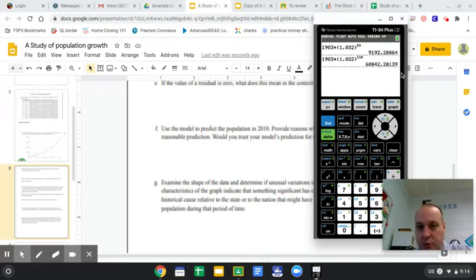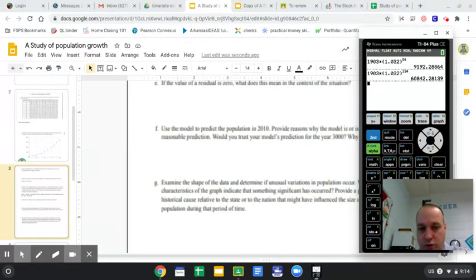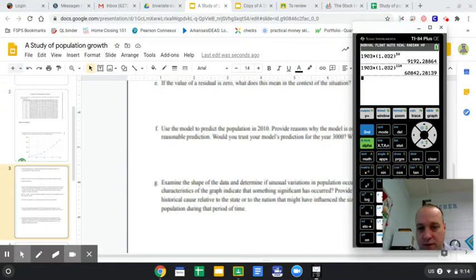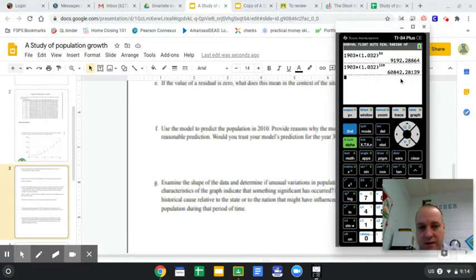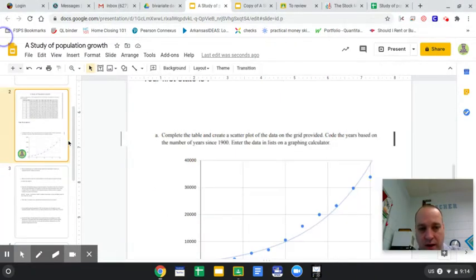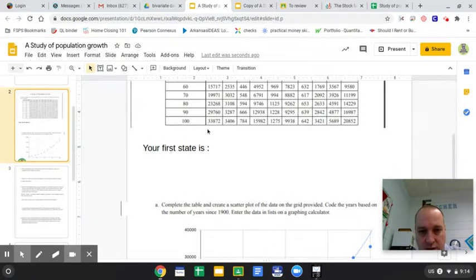So I get 60,842. Now the next one, it says, would you trust the model's prediction for the year 3000? So first off, this is 60,842, and in the year 2000, I had 33,000. So it doubled in that 10-year period.